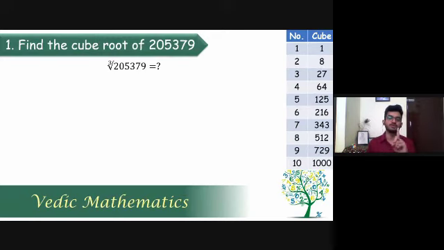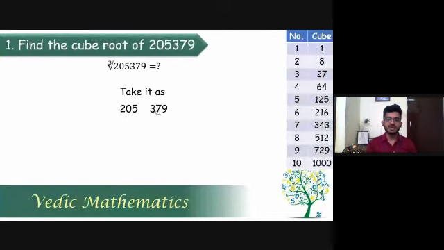The first group should have 3 digits, and the remaining digits you can take separately. Whether the remaining digits form a 3 digit number or even a 4 digit number doesn't matter, just keep it as a separate group. So 379 will be the first part, and the other one will be the second part.